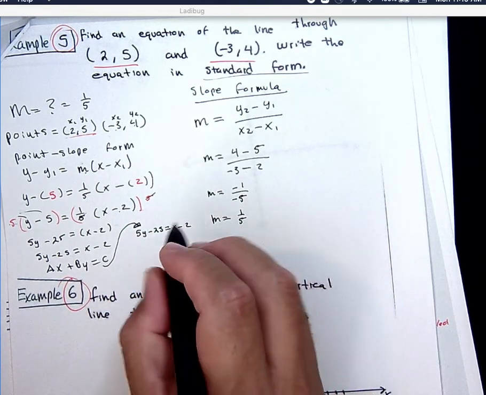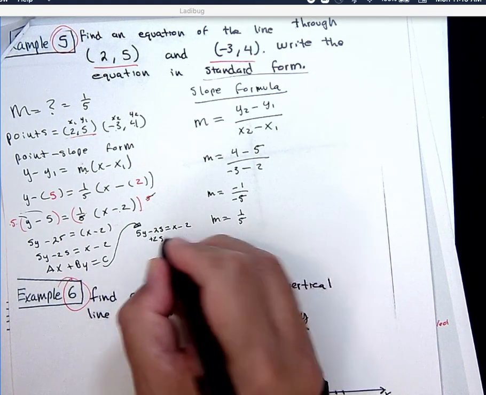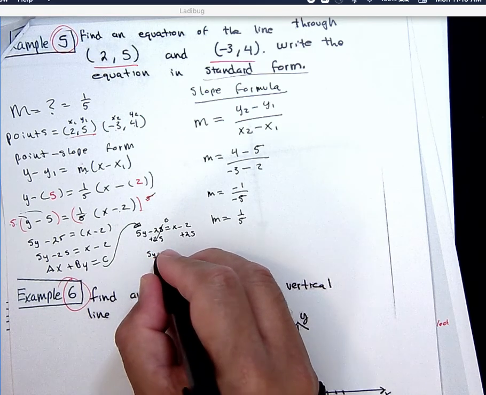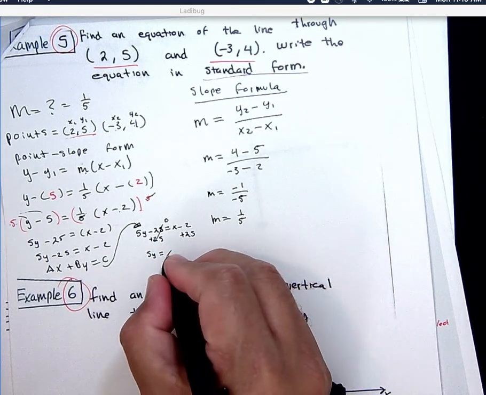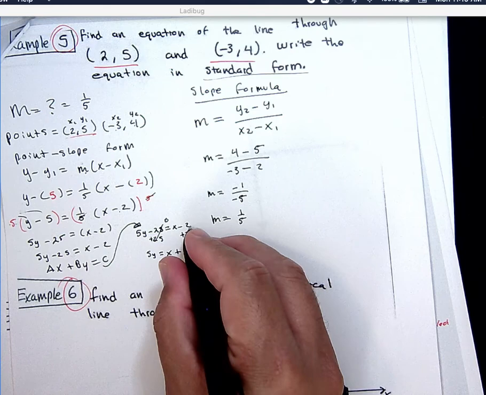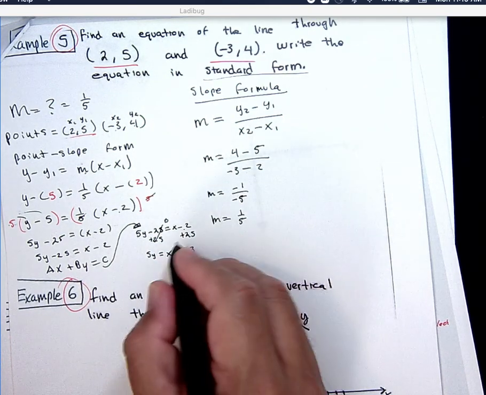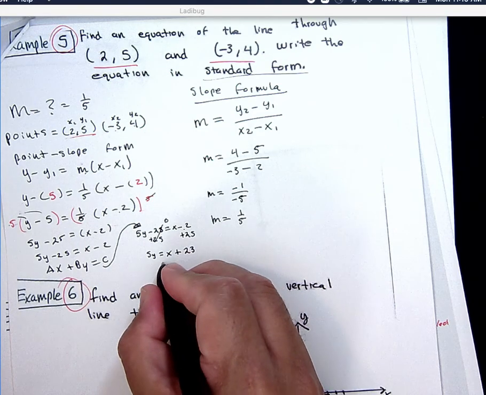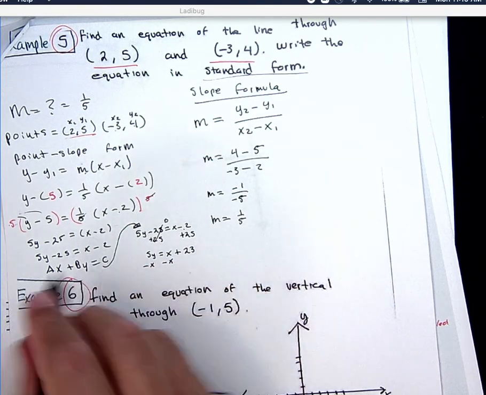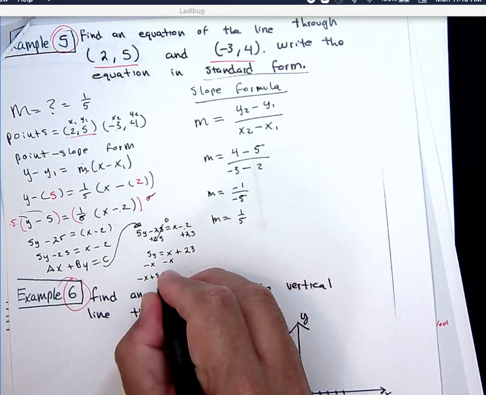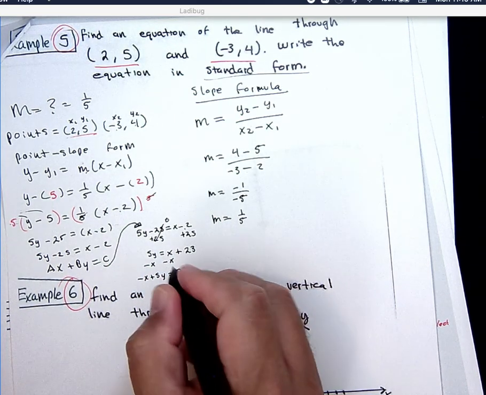So I know I need to carry that number to this side, because that's where we want the numbers. So you get 5y equals x plus 23. Negative 2 plus 25 is 23. And then we need to carry that negative x to this side because we want x on this side. So negative x plus 5y equals 23.